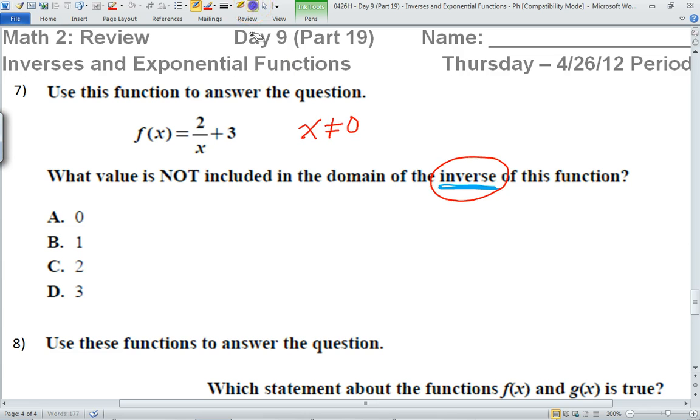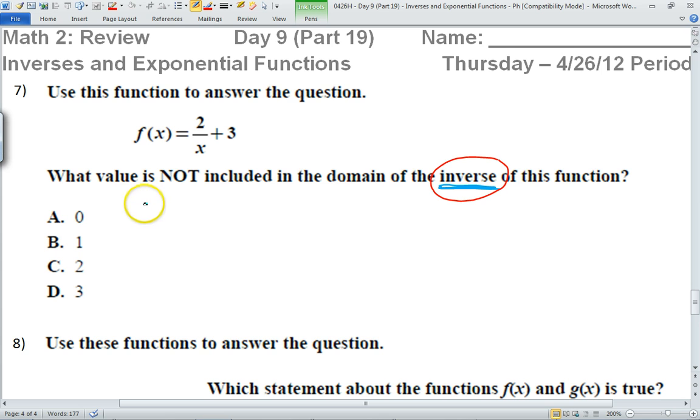So I'm going to go ahead and erase what I just did right here. Let's find the inverse. Remember, the way we find the inverse is we switch the x and the y, and then we solve for y. So please understand this f of x is basically the y.